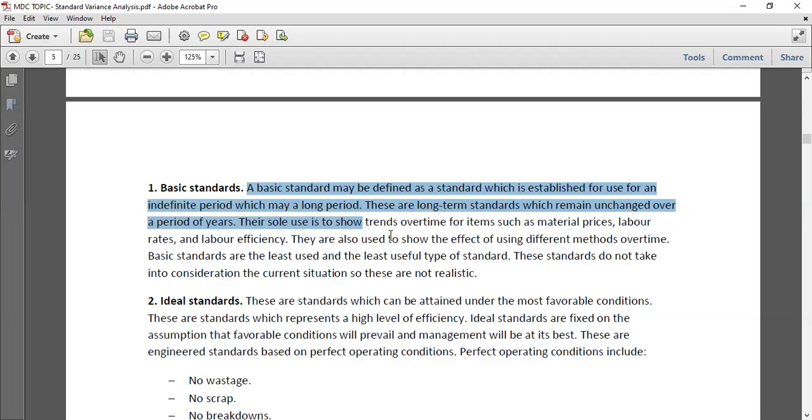They are basic standards that management comes up with and wants to use for a little longer period. And also, the basic standards provide a basis of comparison with the actual costs for several years, knowing that circumstances where efficiency may change can occur.